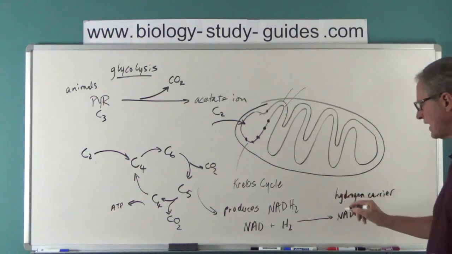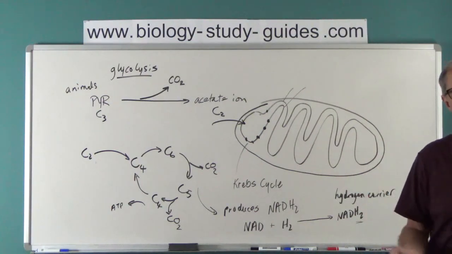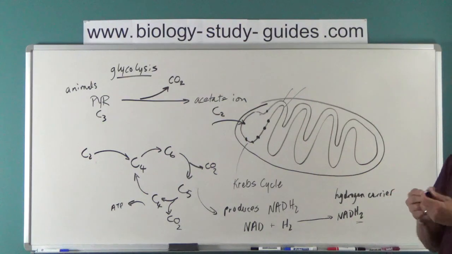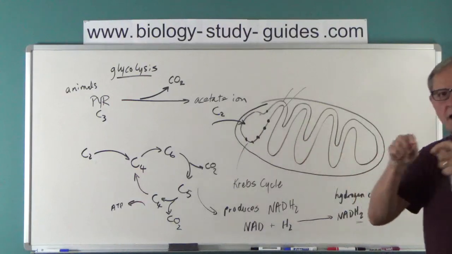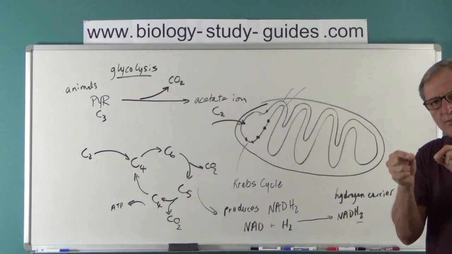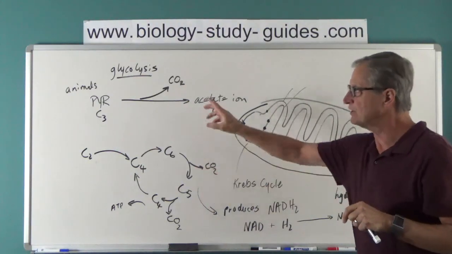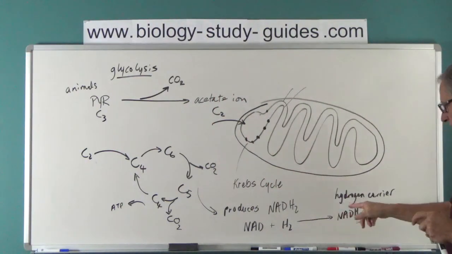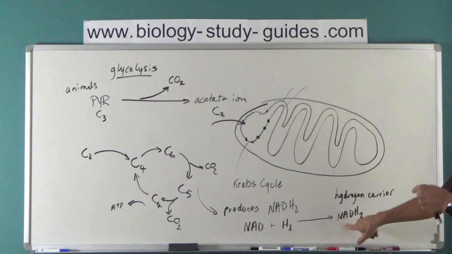And the hydrogen carrier actually transports this hydrogen into the electron transport chain, and it uses the electron transport chain, which is another series of enzymes in here, to take the hydrogen and remove the extra energy from it, because the energy isn't in here. The energy in the molecule is gone with the hydrogen. And there's enough energy in each one of these to make 3 ATP molecules.